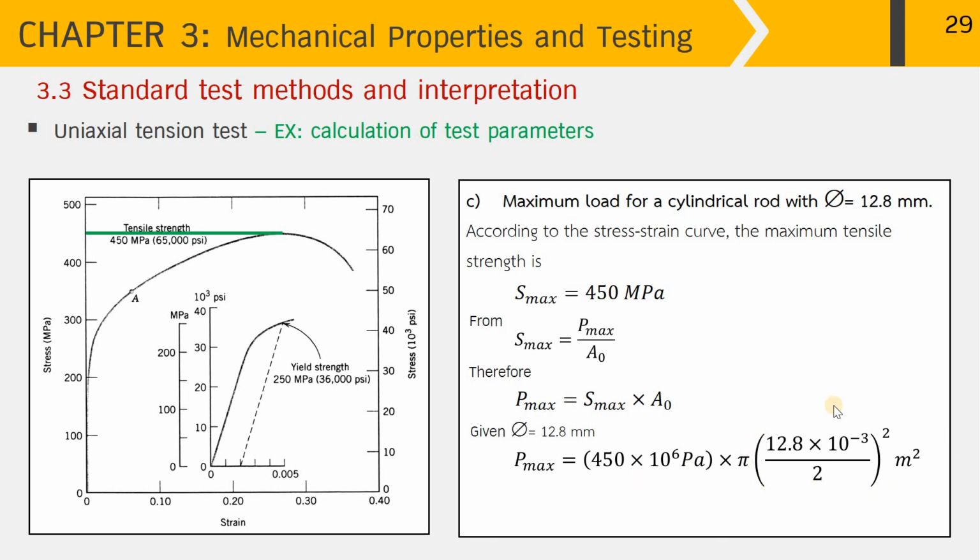The whole phrase here is for the original area of the specimen, which is pi r squared in the unit of meter squared. Then here we have 12.8 times 10 to the minus 3 over 2. Therefore, we have P max equals 57,900 Newton, or 58 kilonewtons.